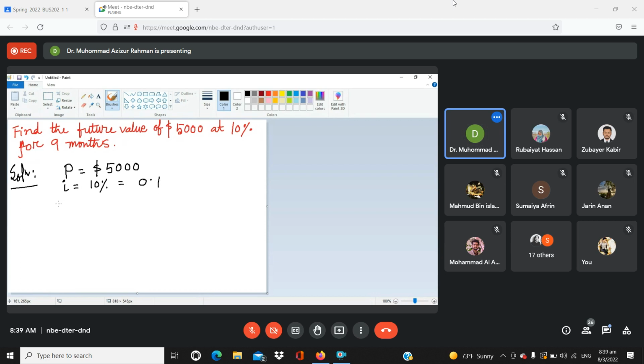So n. How to calculate n? Sir, 9/12. Okay, 9 months is given, equals 9 divided by 12. If you think we want to use the ordinary method, then here also using days, right?